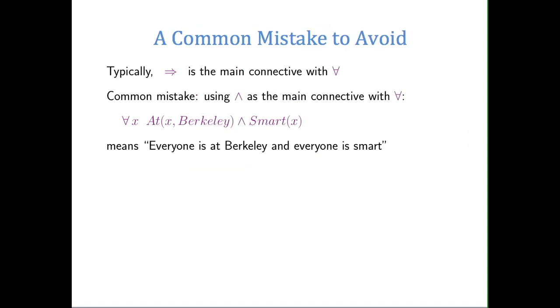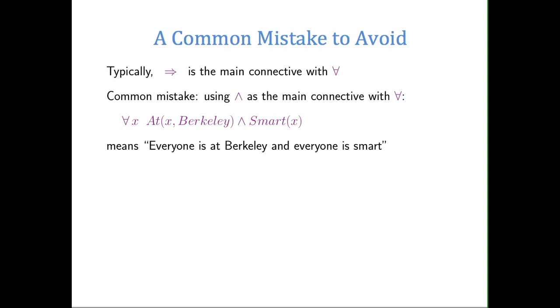When you are using universal quantification, you're normally going to want to use the connective implies rather than something else, especially and. There is a mistake which you should be able to recognize fairly early on: trying to use and as the main connective with universal quantification. So if you see an expression like for all x, at(x, Berkeley) and smart(x), it doesn't mean that everybody at Berkeley is smart.